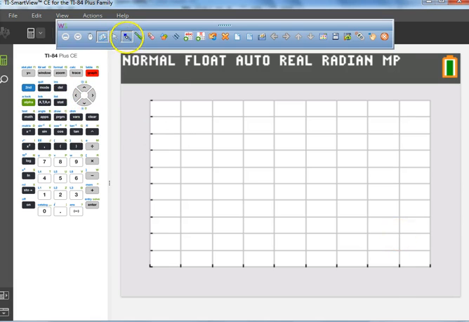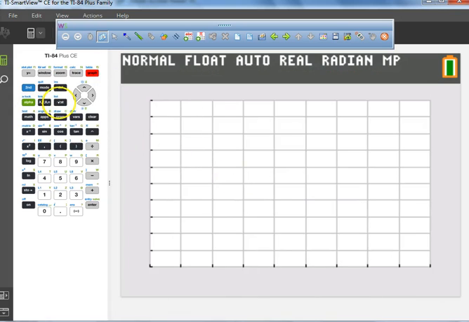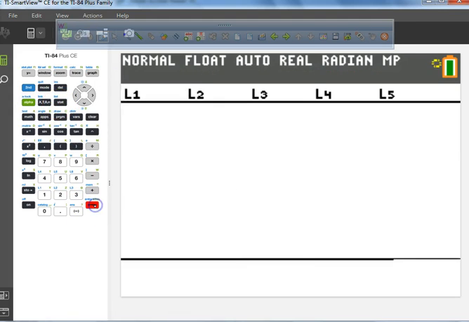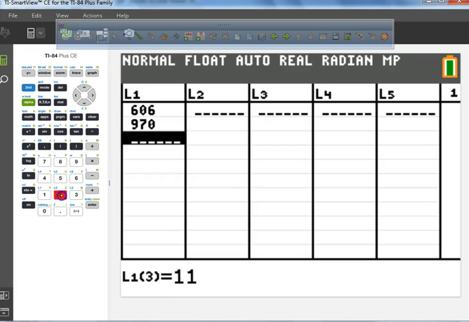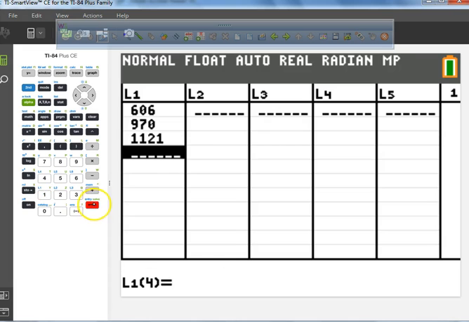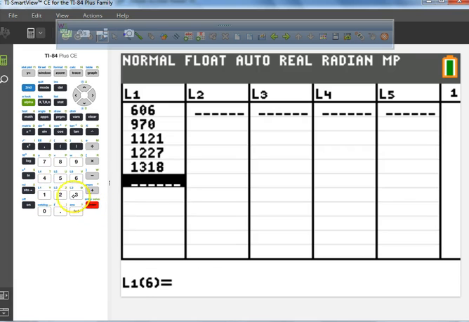Now, to be able to get these points on the graphing calculator, hit stat and enter, and let's type them in. So Josiah, call them out. We got 606. 729. Okay. 1,121. 1,227. 1,318. 1,455, my bad. 1,455.